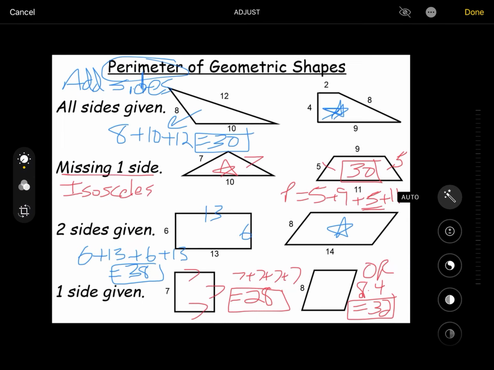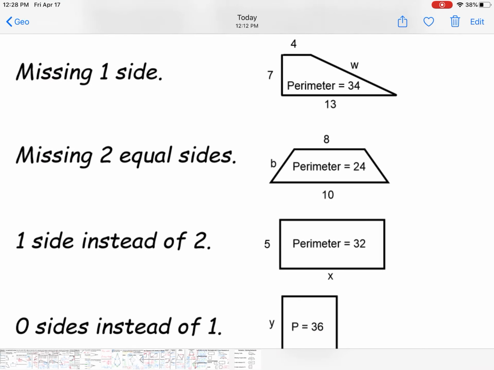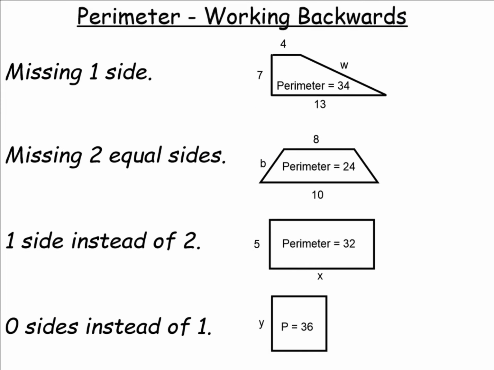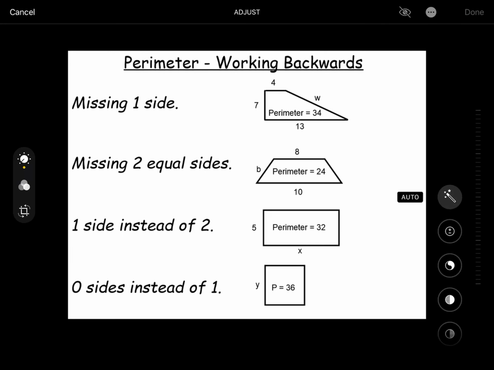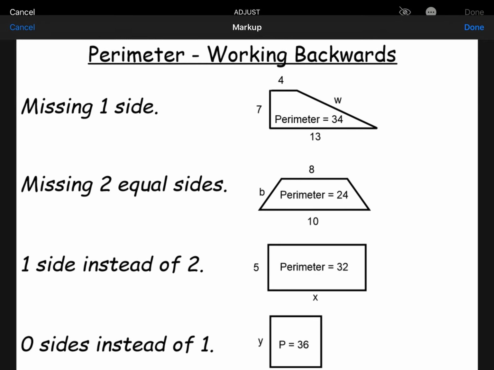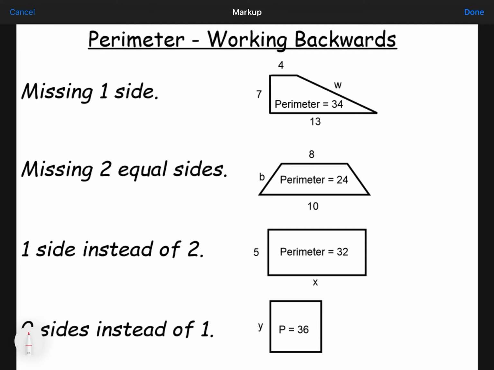What do you need to do to move from B to 100%? The answer is you'll have to be able to work backwards also. To work backwards, they'll give you a perimeter. Notice the difference on this page: while everything pretty much looks the same, they give you a perimeter.